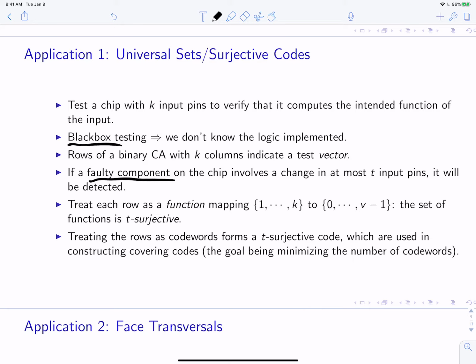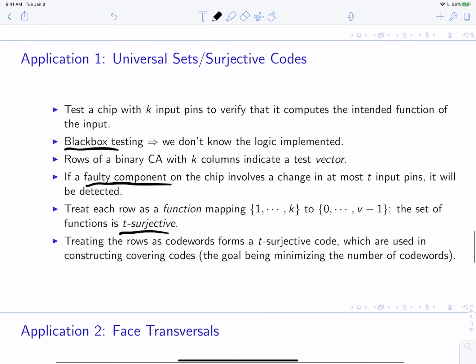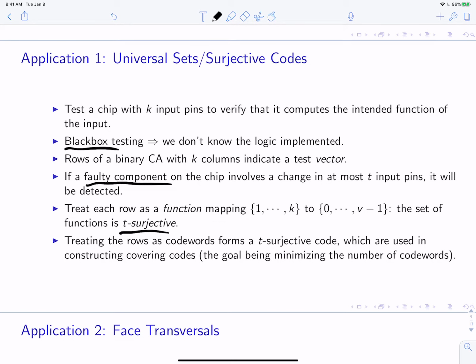So if you look in the literature, the hardware designers are actually looking for some function called t-surjective. So what this means is they were looking at, instead of the rows of an array, the columns of an array instead.